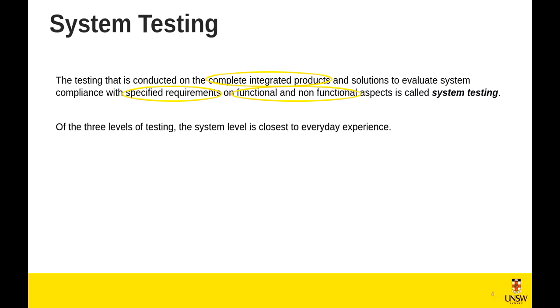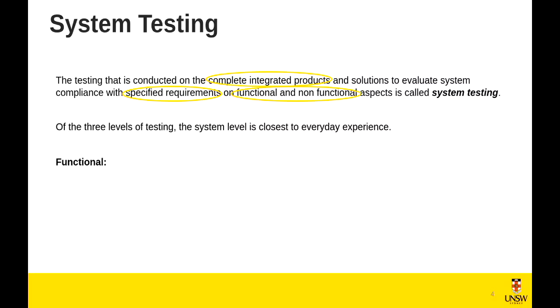One of the most obvious and significant characteristics of system testing is that, of the 3 different levels of testing, it is closest to our everyday usage of the software. So we are more like testing how the software would be used in daily usage scenarios.